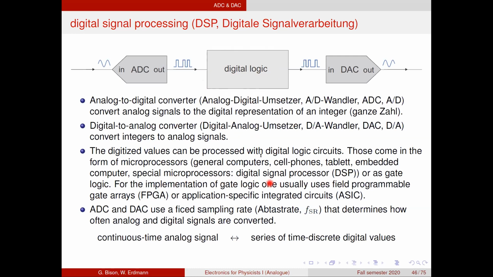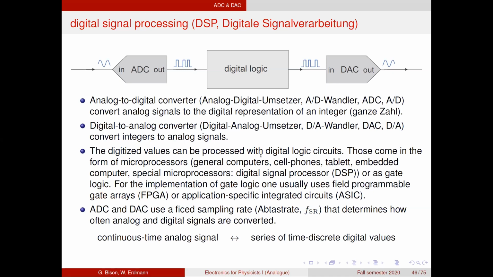There are special processors that are optimized to handle signals, for example, in mobile phones or in cameras. If you want to process a lot of picture data, you can make processors that are especially efficient in doing that. It could also be gate logic.